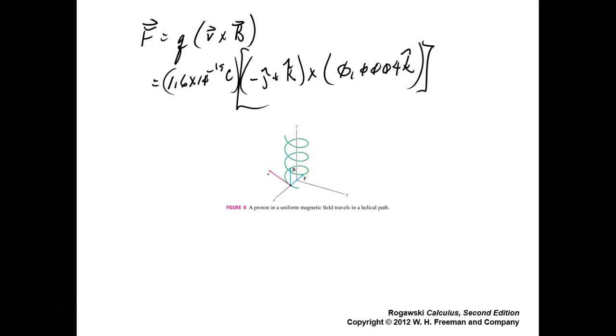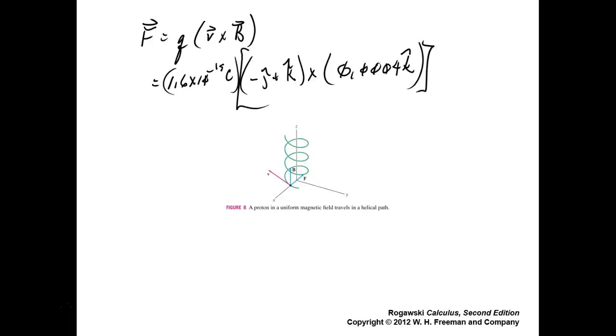Only if you're doing pure components without the unit vectors would you put the angle brackets. So you could have done this as angle bracket 0, -1, 1, cross that with 0, 0, 0.0004.